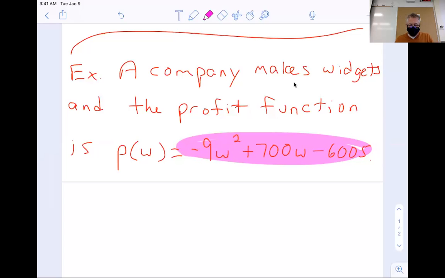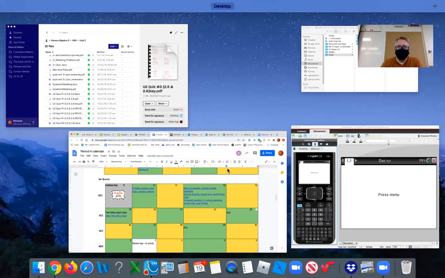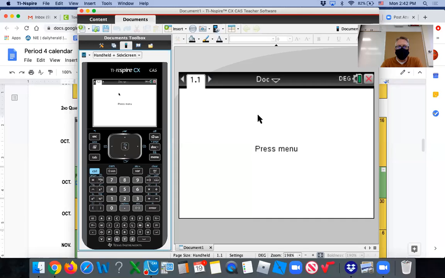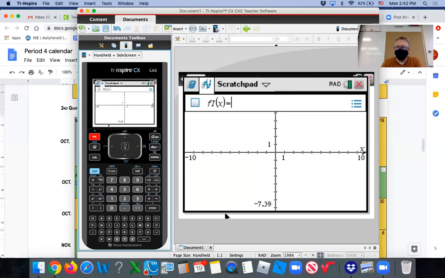So for this, I have to change my screen to our handheld here. And so in the handheld calculator, I will hit this button towards the top left, which is going to pull up my graph. And I'll type in my equation.